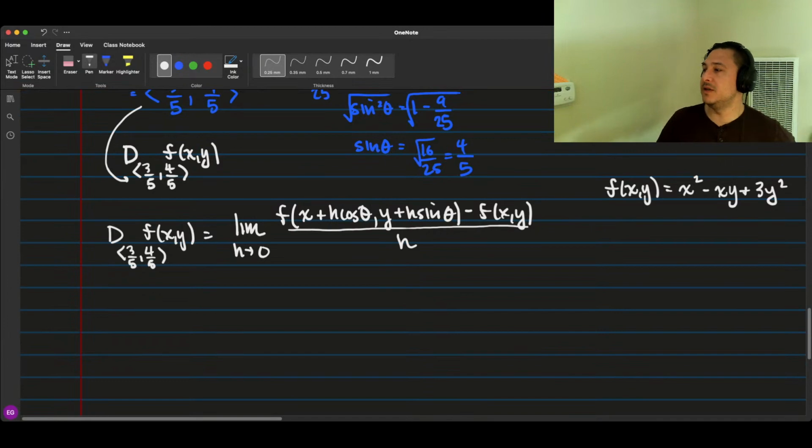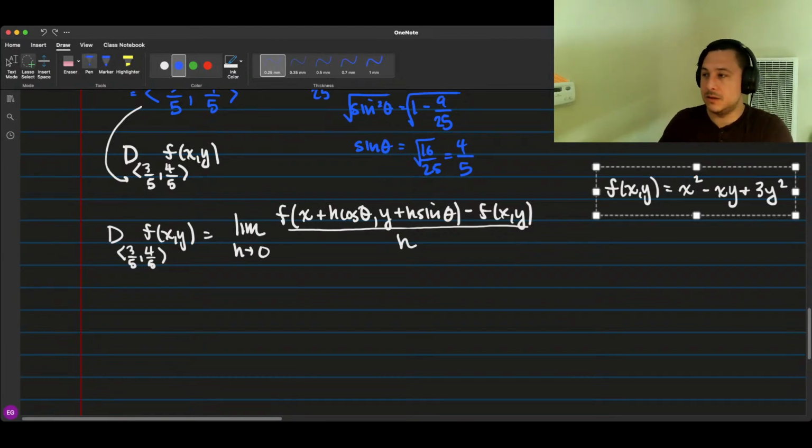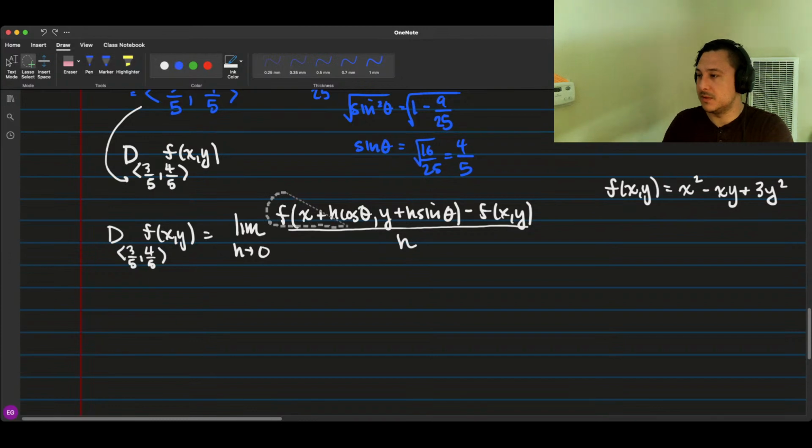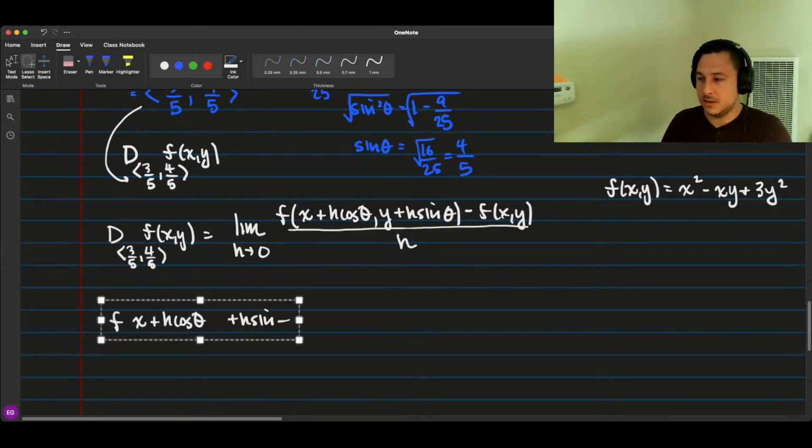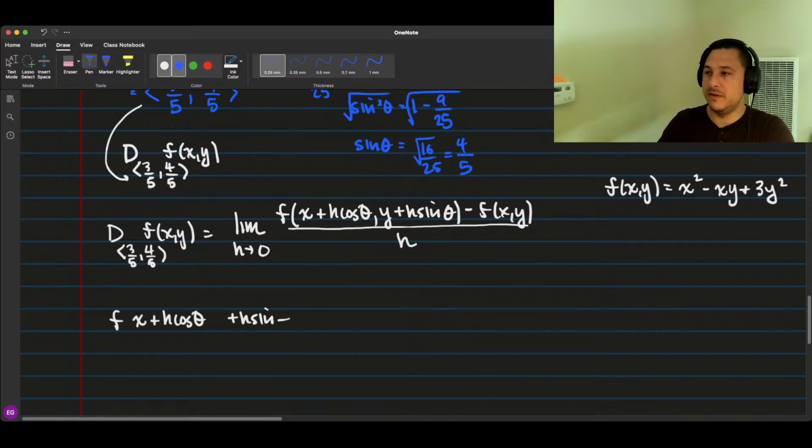Okay, so what we're going to have to do is, let's just simplify this. Or work on this. We're going to work on just this part. Copy. Paste. Okay, fill in the parts that it didn't get.